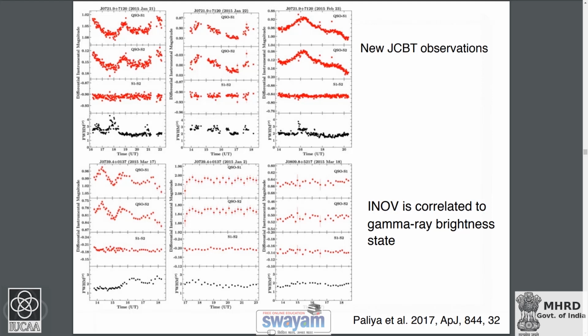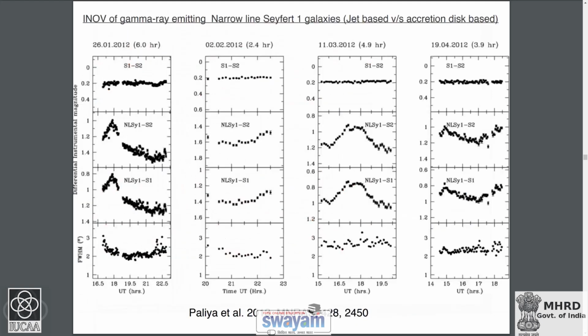Both these objects must have experienced the same effects and this gets cancelled out, and in this way we will be able to detect very small variations which the AGN is experiencing. This is also another such observation. These observations are taken from the 2-meter Himalayan Chandra telescope.